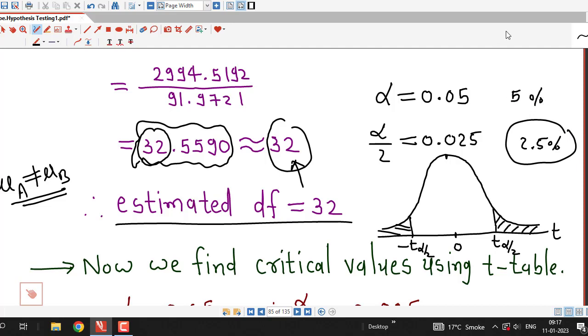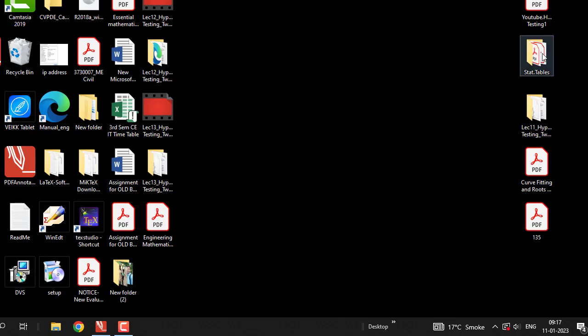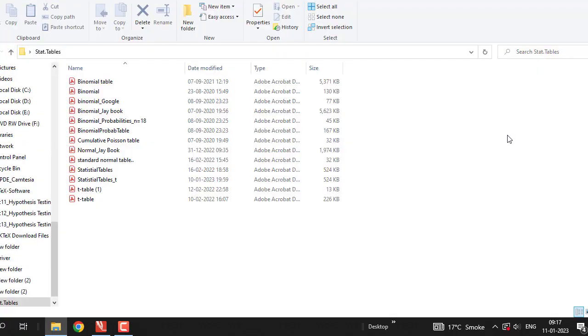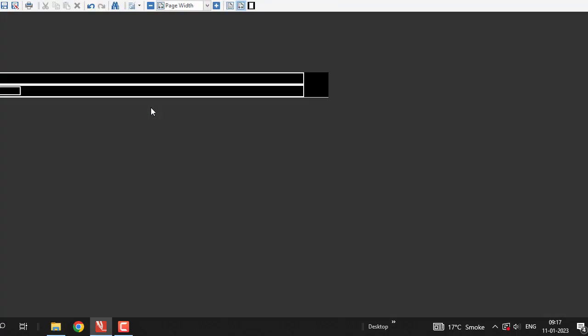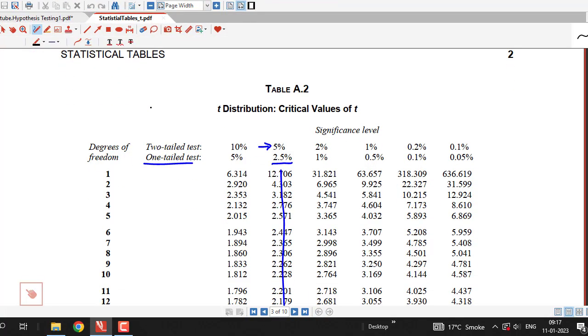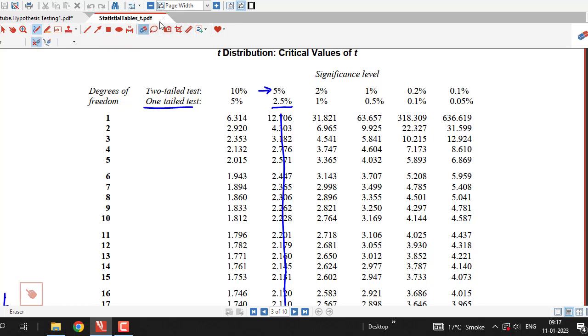So now we consider that t table, and we find out the corresponding values from the t table. I have to look under this 5% and 2.5%, because I have a two-tailed test.